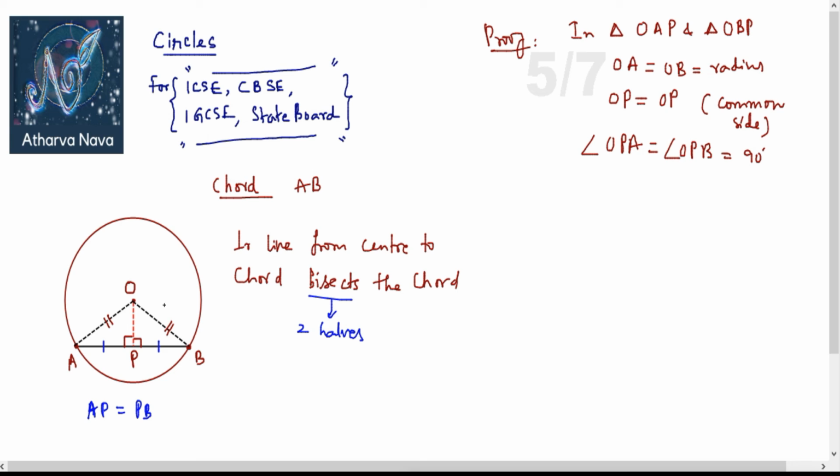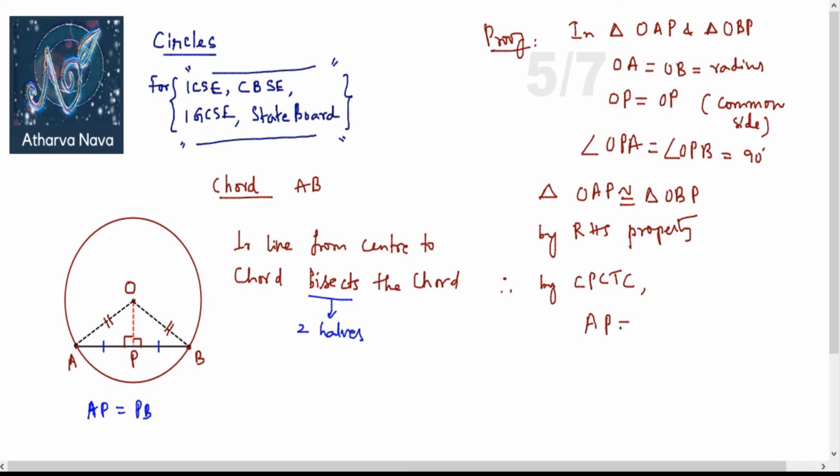So we can say clearly that triangle OAP is congruent to triangle OBP by the RHS criterion. Therefore, by CPCTC, corresponding parts of congruent triangles, I can state that AP equals BP.